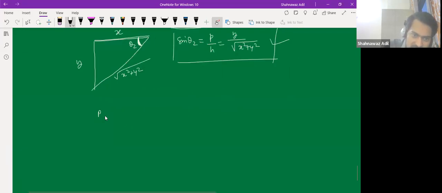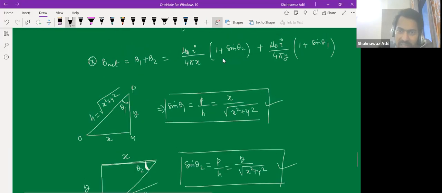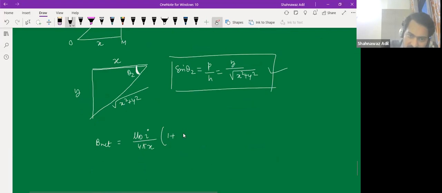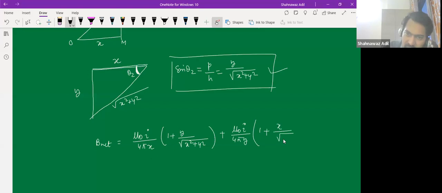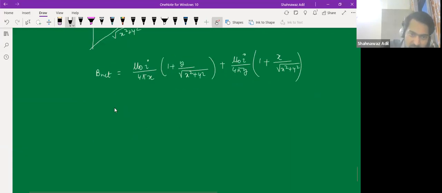So B net would be mu naught I by 4 pi x times 1 plus y by root of x square plus y square, plus mu naught I by 4 pi y times 1 plus x by root of x square plus y square. So these are the things. Then we have to solve this one. What is common?